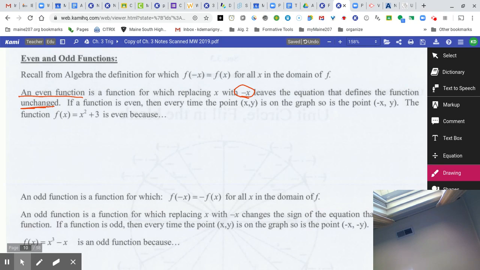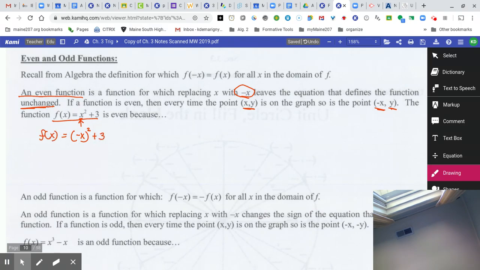That's why it's called an even function. If a function is even, then every time the point x, y is on the graph, so is the point negative x, positive y, because it does not change the output just because I put in a negative x value. So if I were to check this, in algebra, what we would do is put a negative x in place of my positive x and see if that changes the value of my f of x function.